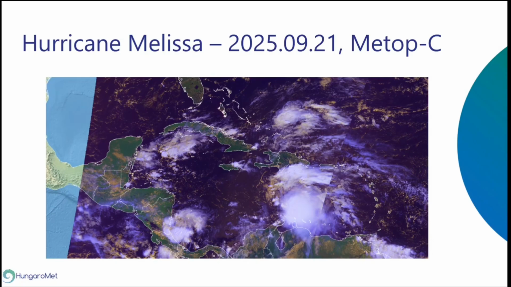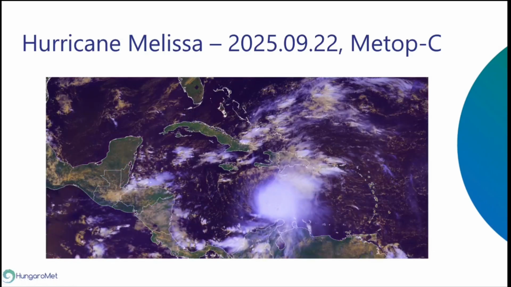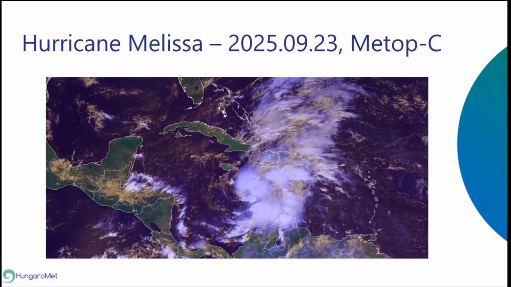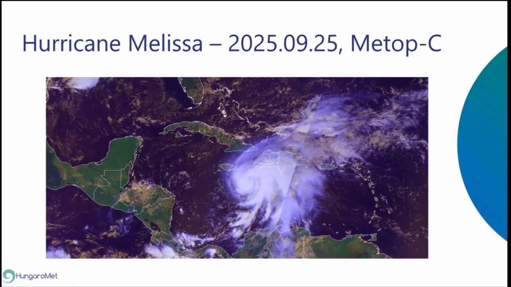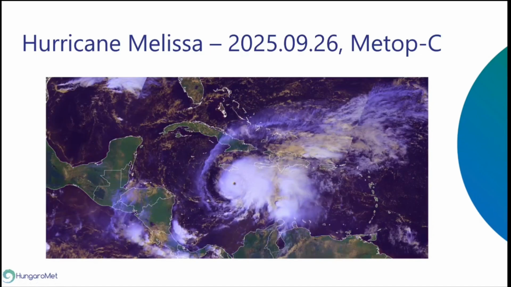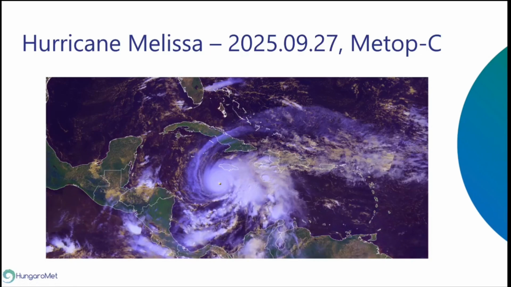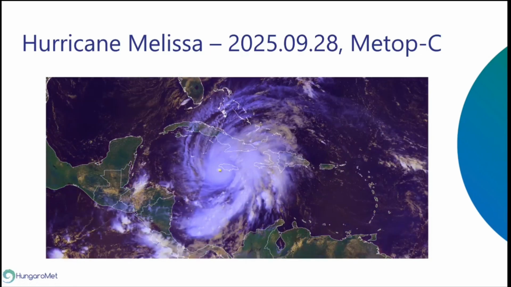And here we can see the first day when it was called a tropical storm, 21st of September, and then it started to intensify. We can see from day to day. Here we have an overpass. One of the overpasses is here, the other one is there. That's why the image is not as nice. Also, we are moving, and then we reach the hurricane phase, and then it intensifies.